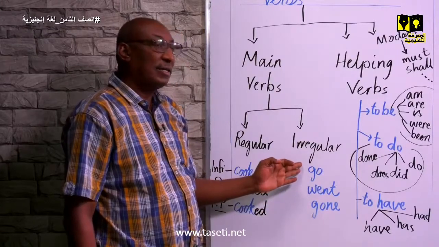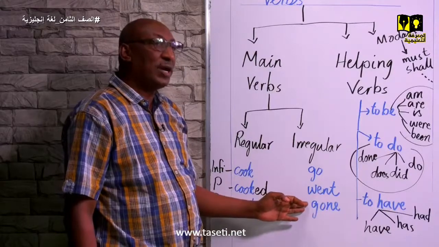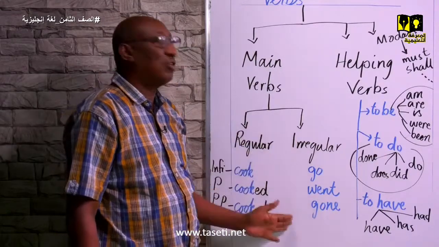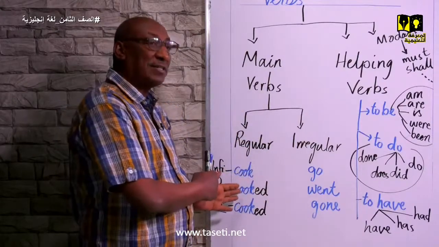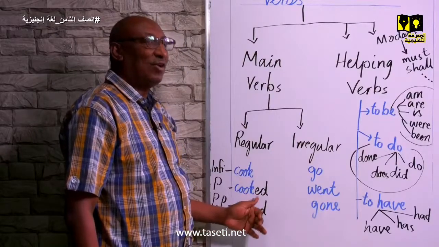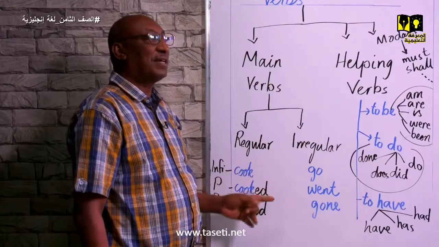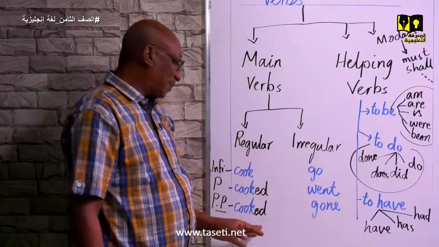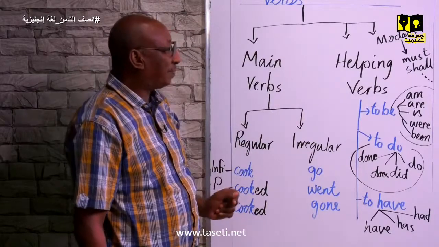Speak, the past is spoke, the past participle is spoken, right? These irregular verbs are very important to keep by heart. But the regular verbs only find their past and past participle ending in D or ED, right? As in the verb love. The past is loved, you only add D. And the past participle also is loved.